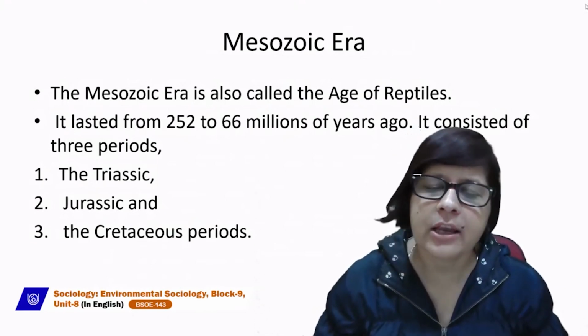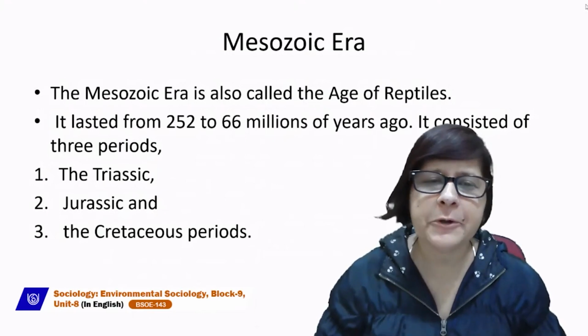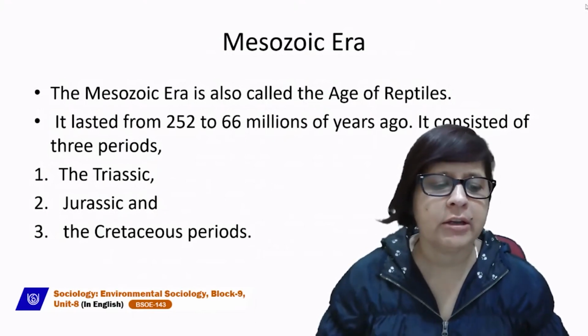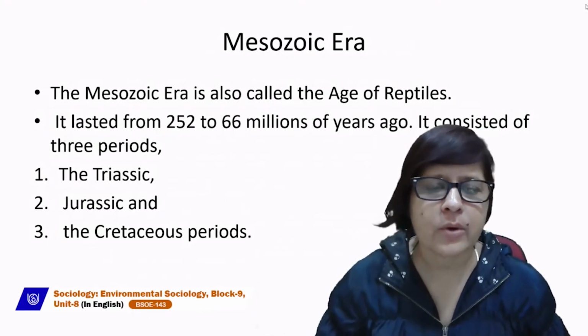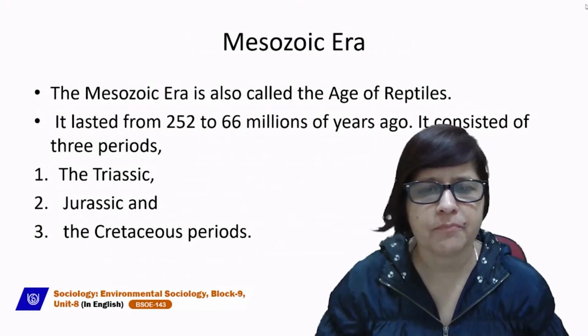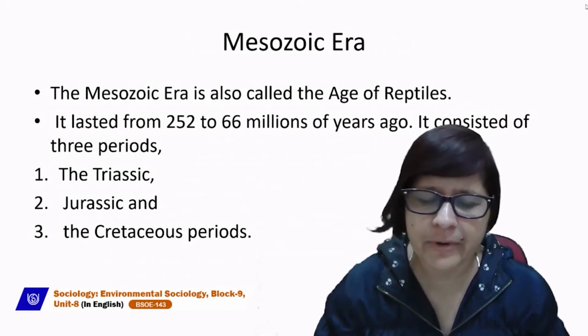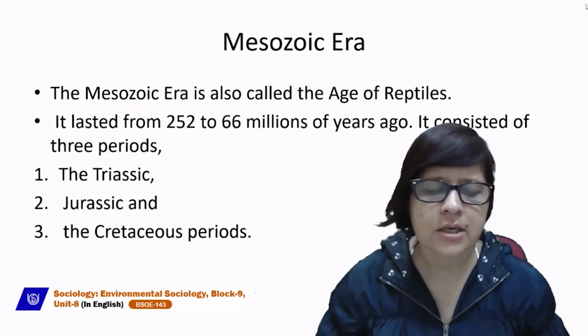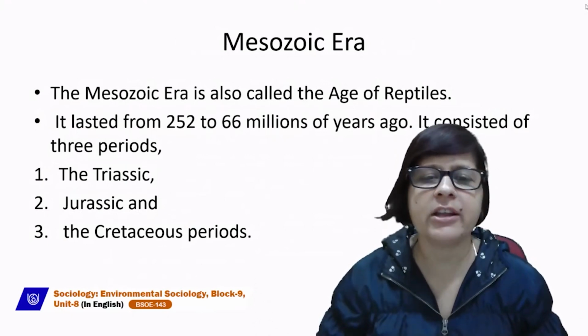Mesozoic era is divided into three periods: the Triassic period, Jurassic period, and the Cretaceous period.